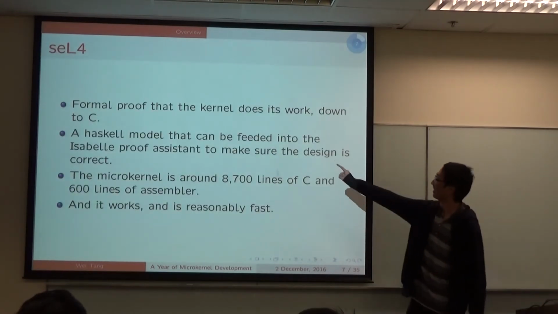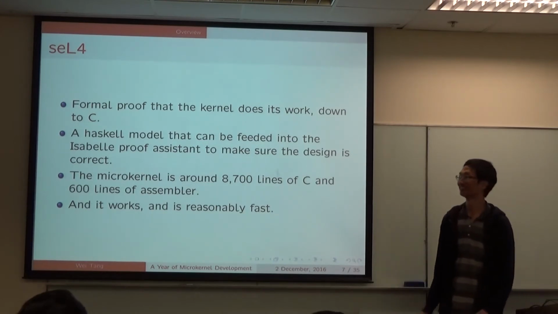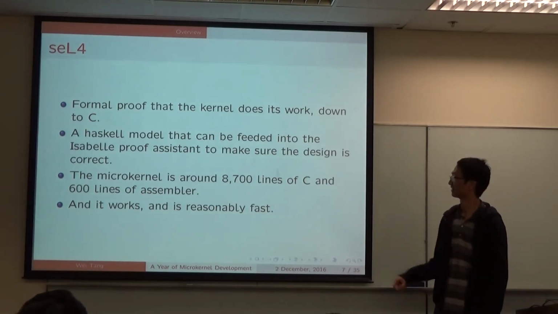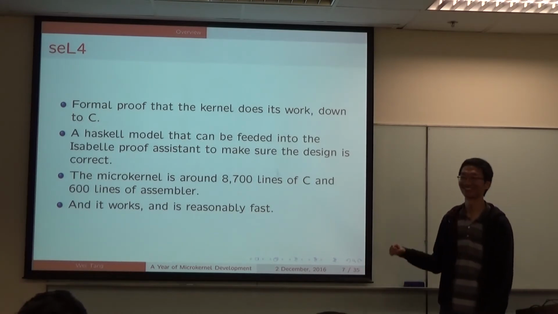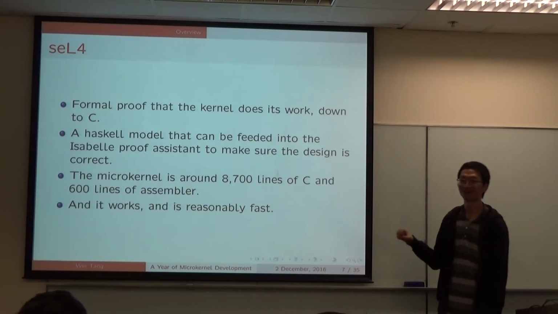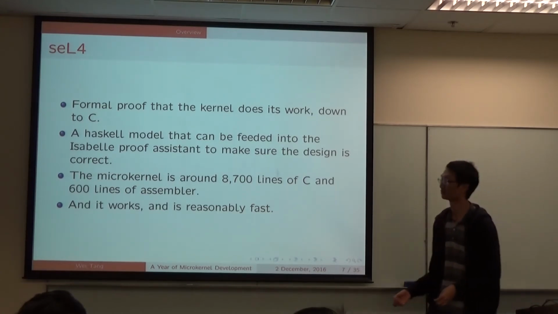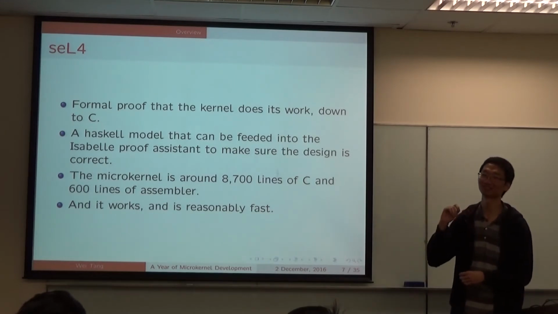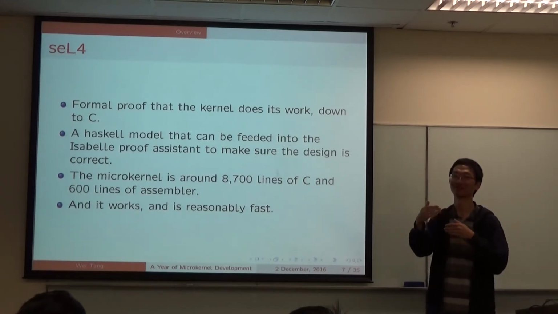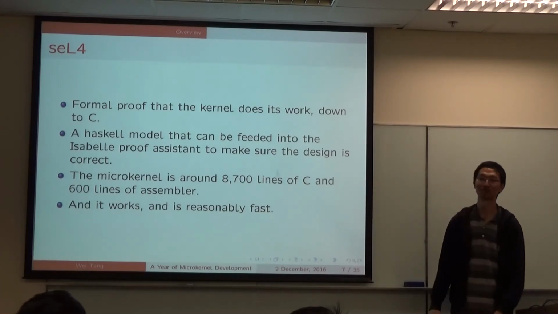seL4 is the only general kernel that got a formal proof. It's not that simple. How they did that is they spent many years first getting a correct kernel model. Using that kernel model, they created some Haskell code, so it's basically a virtual machine. From that Haskell code, they generate some proof code.